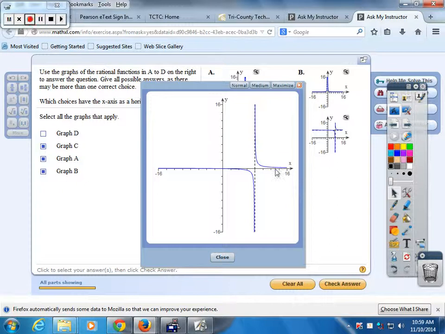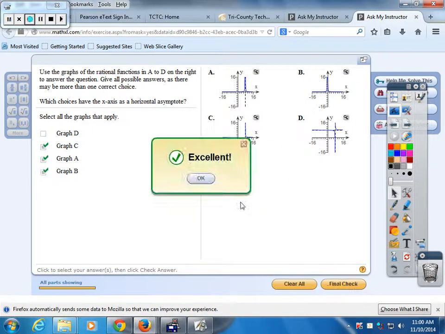Unless they're saying the horizontal asymptote is like 0.0005 or something, never touching. But that's kind of a stupid one to use. Yeah, that's a good question.